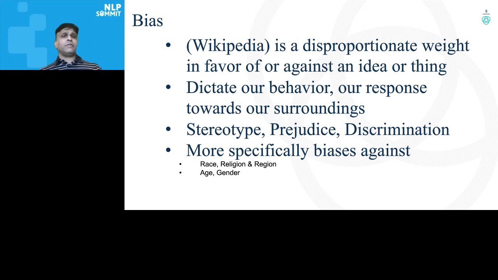So the quick definition-wise, according to Wikipedia, a bias is a disproportionate weight in favor of or against an idea or a thing. Biases dictate our behavior, our response towards our surroundings. Bias in human societies has been there. It's as old as humans, as you know, right?